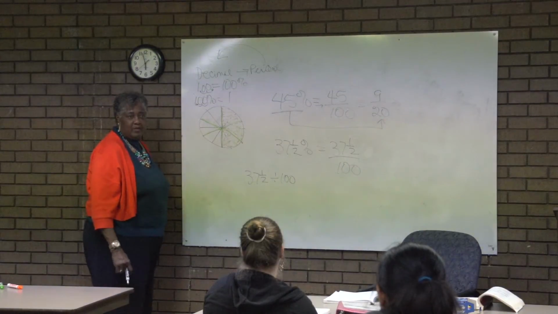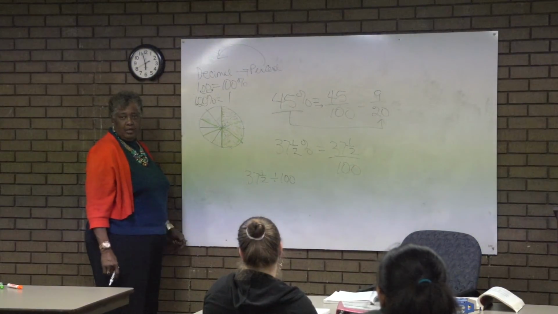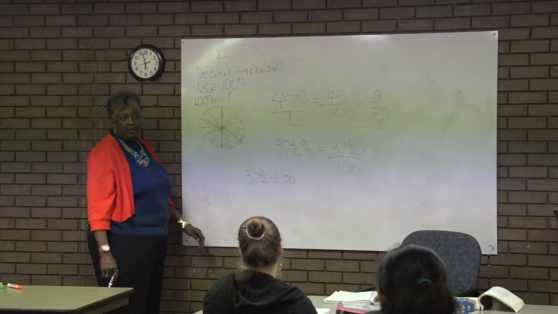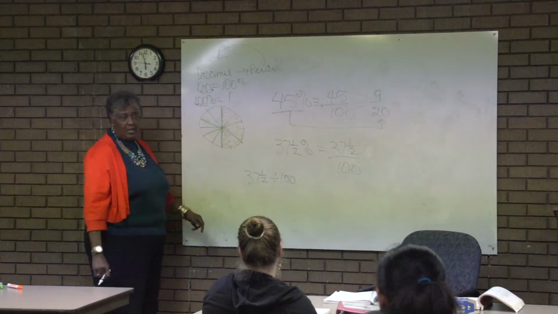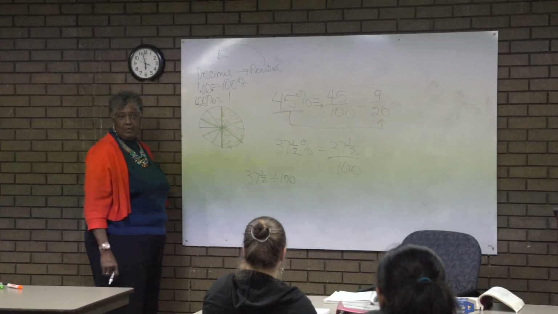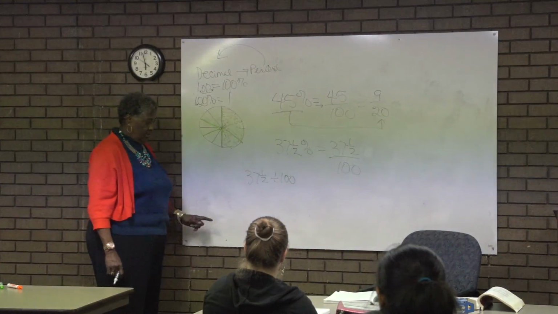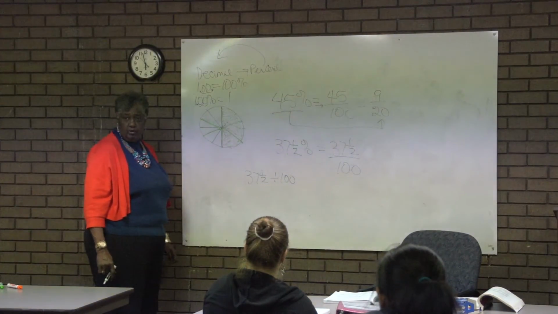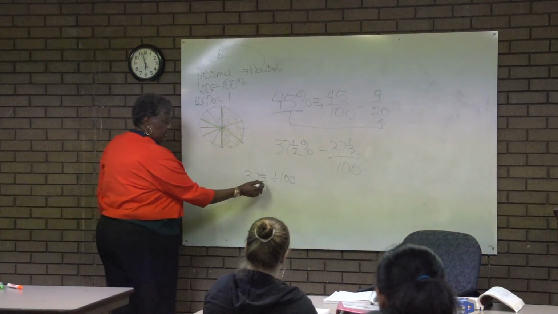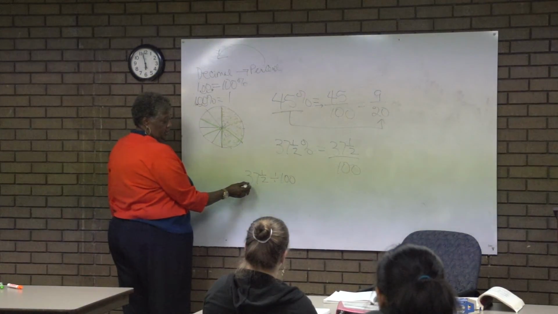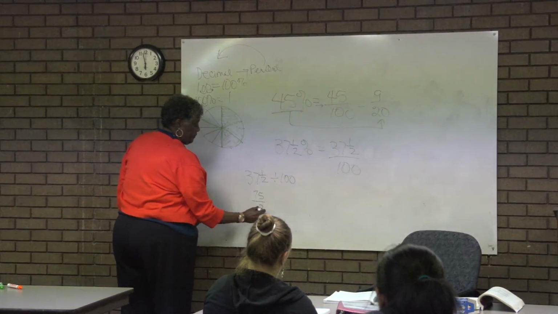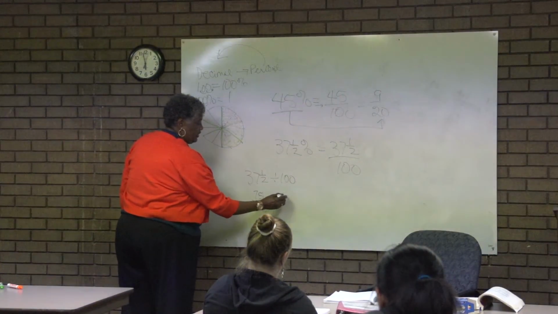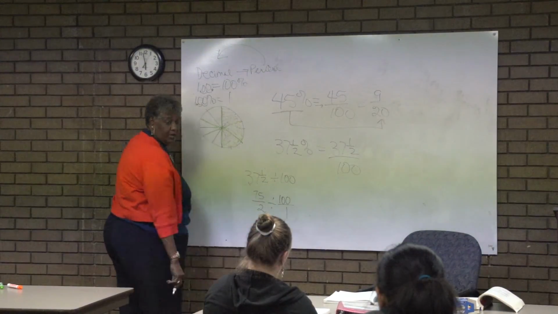What's the first step in dividing by a fraction? First step we've done, write it horizontally. And by this point you need to be able to rattle off, what's the second step when you divide fractions? Change all mixed numbers and whole numbers into improper fractions. 2 times 37, 74 plus 1 is 75. You change a whole number just by putting a 1 under it.